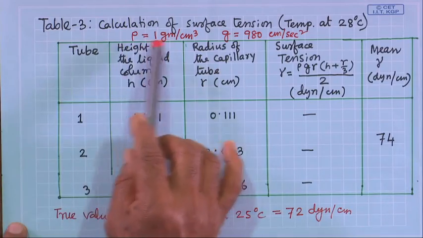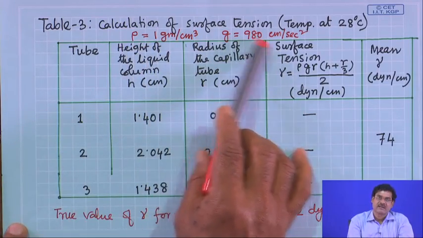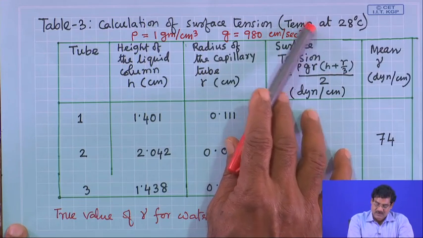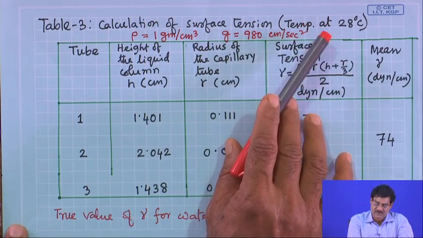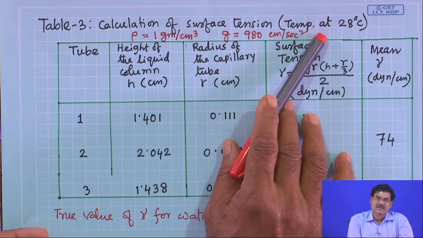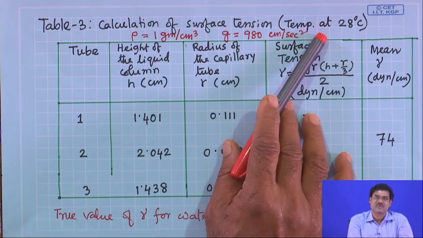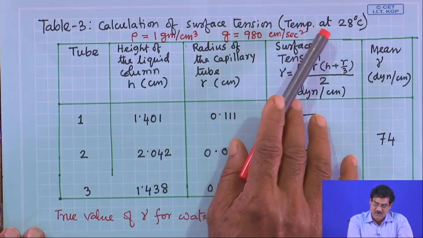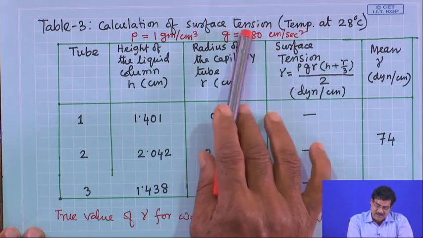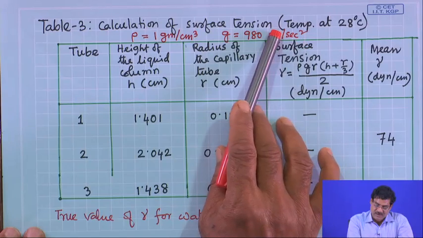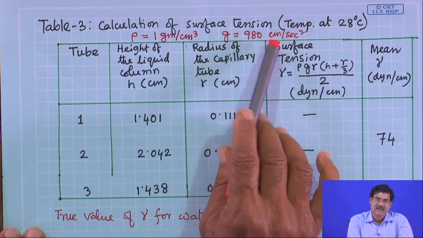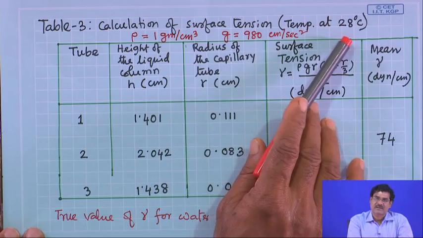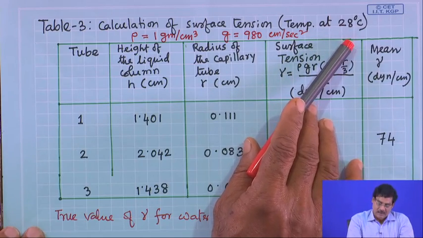Calculation of surface tension: here what is important is at which temperature. Okay. So, that we should mention, because as I mentioned, the surface tension is very sensitive to the temperature; it varies. So, we should say that whatever surface tension value we get is at a temperature of 28 degrees centigrade.